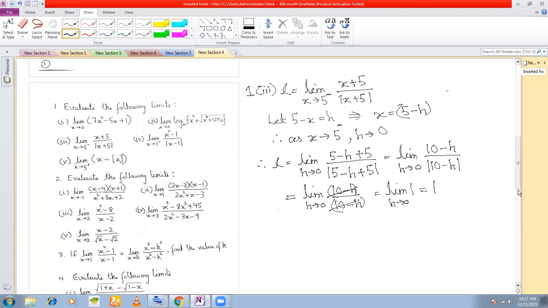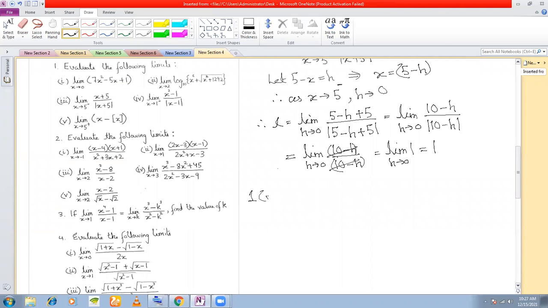1 part 4. L is equal to limit x tends to 1 minus of x square minus 1 by mod x minus 1. Again, this is the left hand limit. Okay. So what do we substitute? We put 1 minus x is equal to h. So we get here x is equal to 1 minus h.